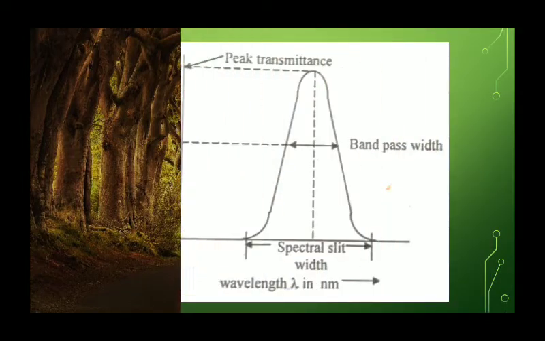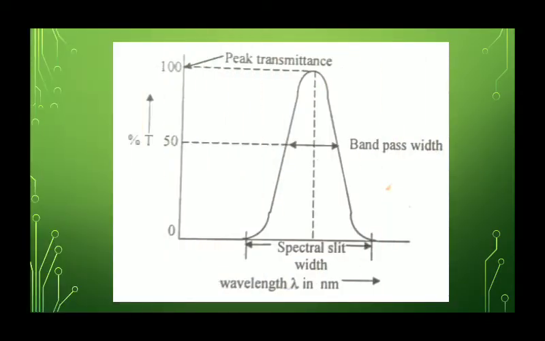In the previous section, we have seen the different components used during colorimetric analysis, that means the different components of a colorimeter. And we have seen the absorption filter. Filters are of two types: absorption filter and interference filter.